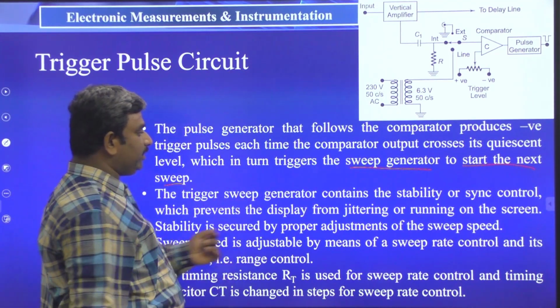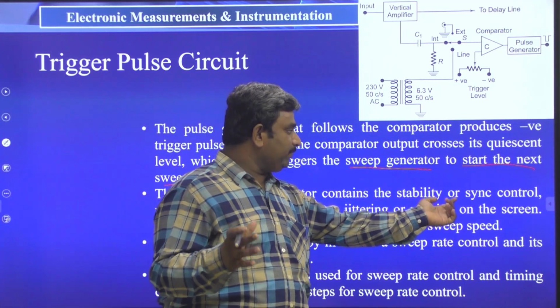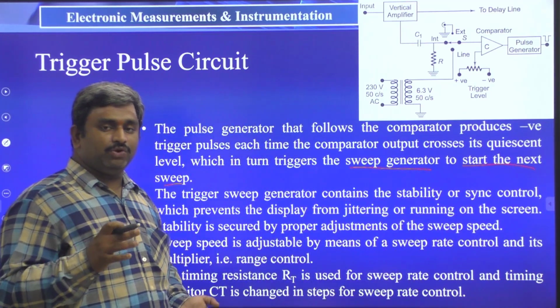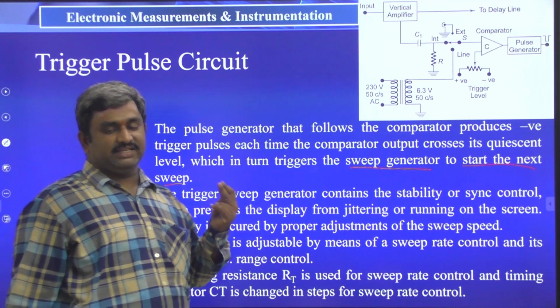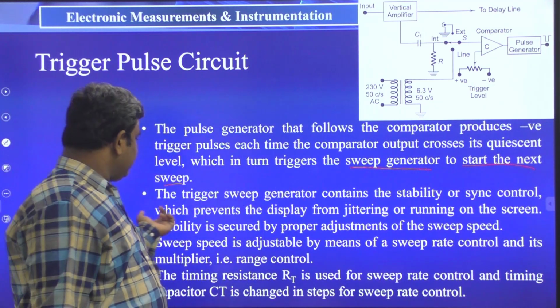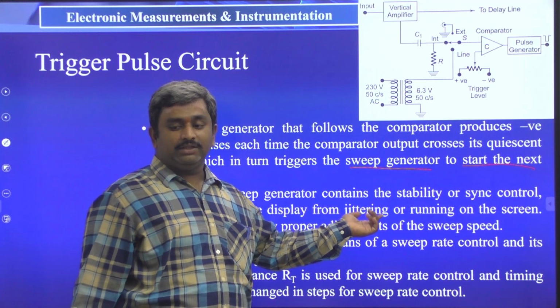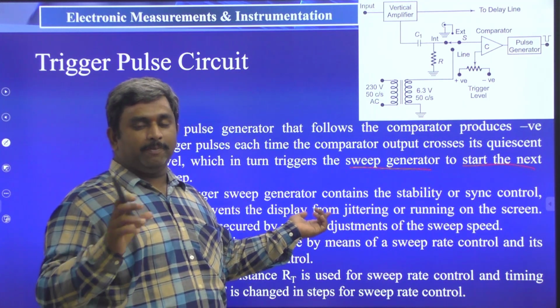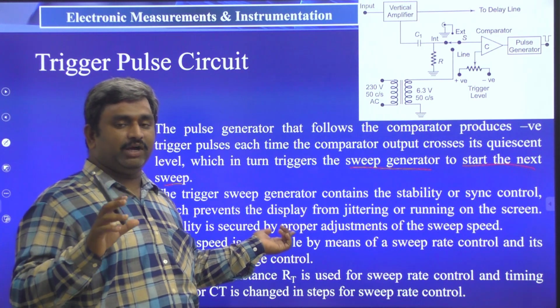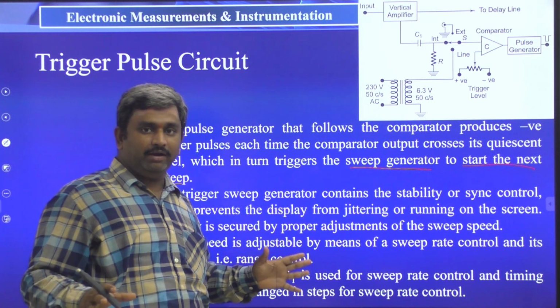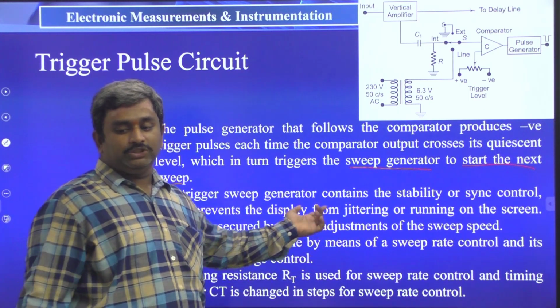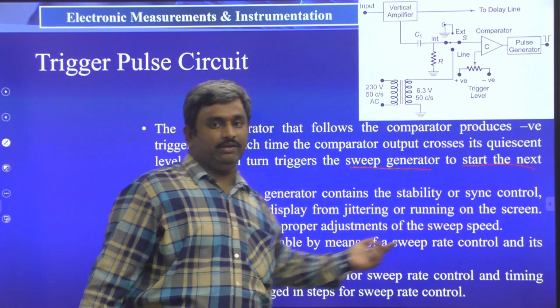The triggered sweep generator contains a stability or sync control. The trigger circuit has a stability control and a synchronization control. These two types of controls prevent the display from jittering. Jittering is one of the problems. It comes when the synchronization has not been done perfectly, and the display keeps running on the screen.